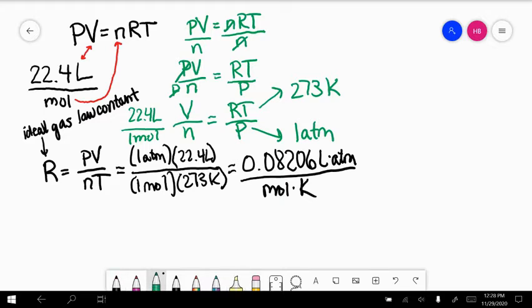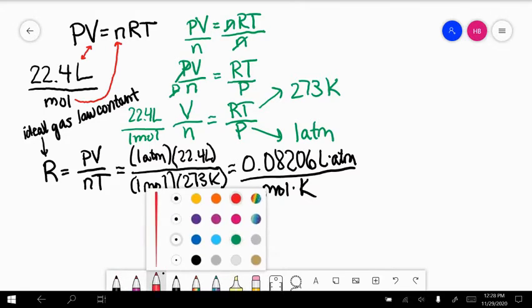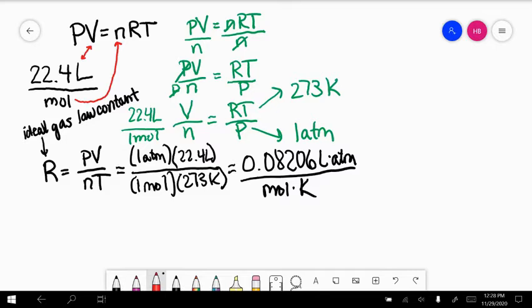But the reality is, it doesn't matter what temperature and pressure we have. The volume of any gas will be the same. Let's say you're not at standard temperature and pressure, which is 273 K and 1 atmosphere. Let's say you're at 298 K and 1.10 atmosphere. It doesn't matter what gas you have, it's still going to have the same volume.